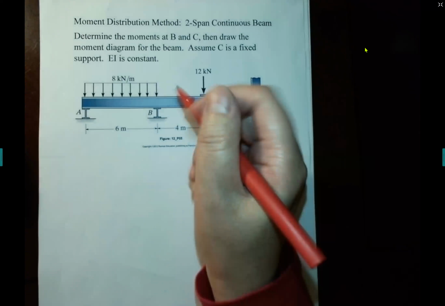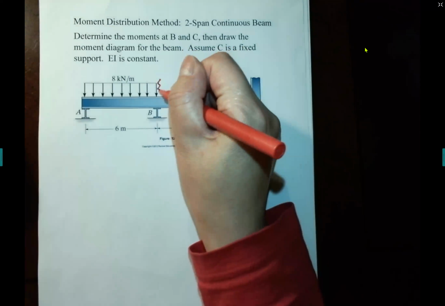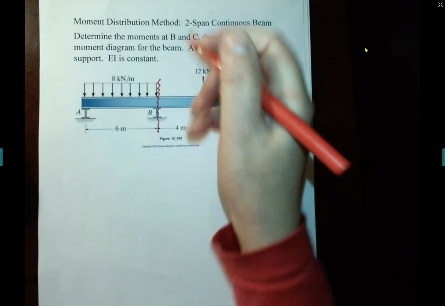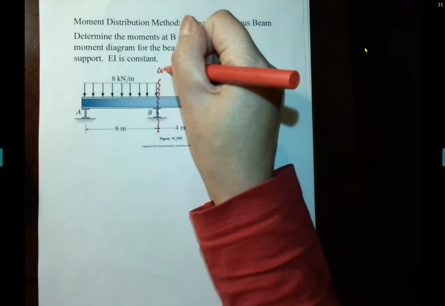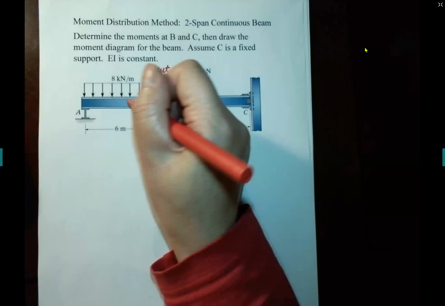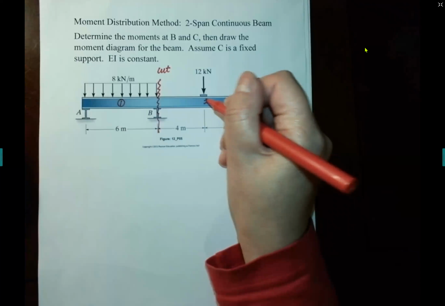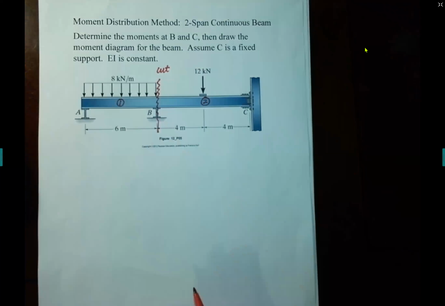In order to solve the problem, first we need to cut the structure over the intermediate support. Now we break the member into two separate members, 1 and 2. Then the approximate method uses an approximate structure.